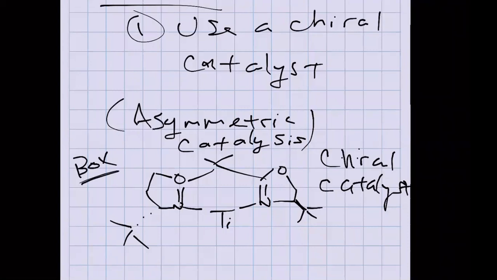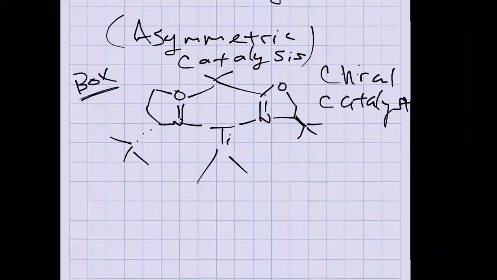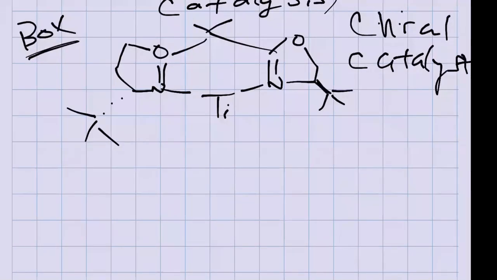So that kind of catalyst, if you were to add in some substrate that could bind to the catalyst, you add in a substrate, bind it to the catalyst, and then you bring in some nucleophile.